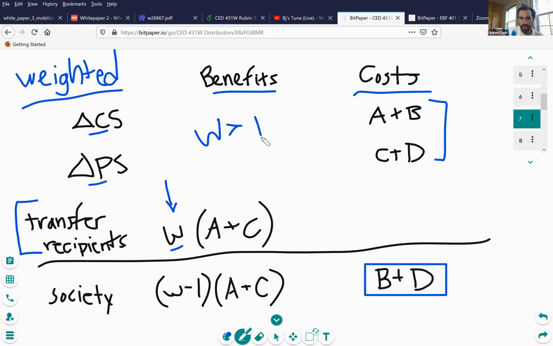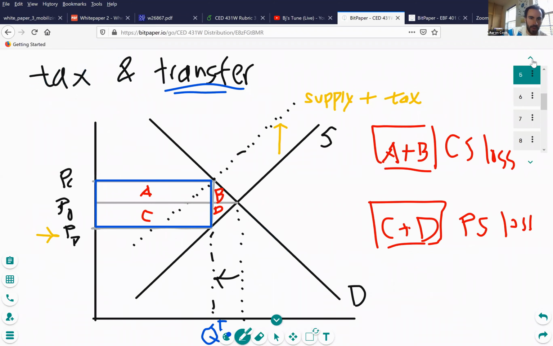So the net benefits to society, if we consider that new weighting scheme, are W minus 1 times the amount A plus C, which is the amount of the transfer that was occurring under that tax and transfer program. So A plus C again was the tax revenue. That's this blue rectangle.